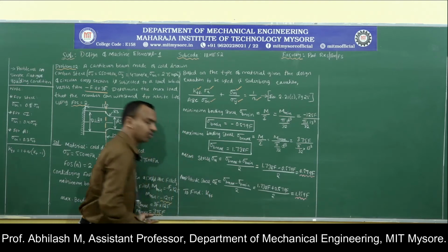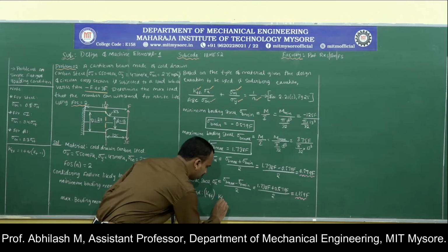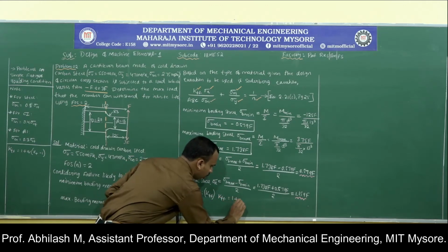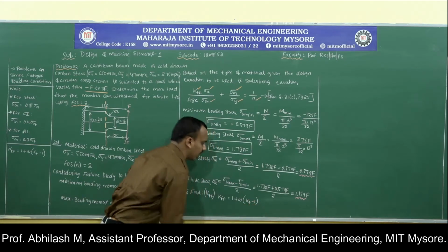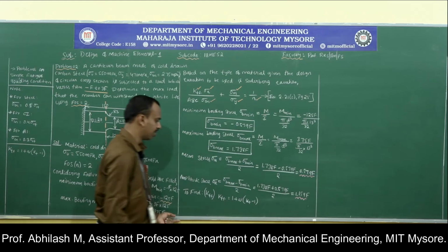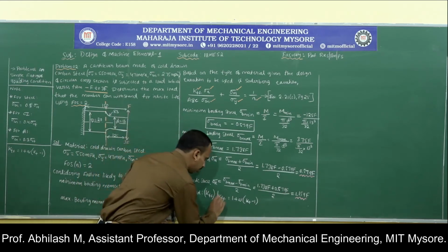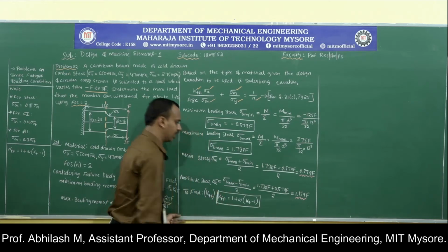KTF in general is given by 1 plus Q of KT minus 1.